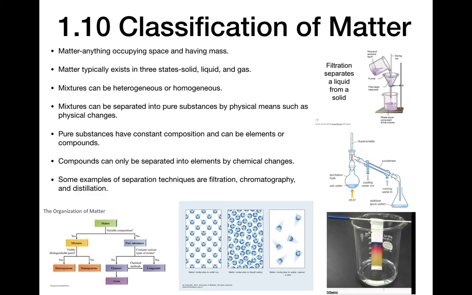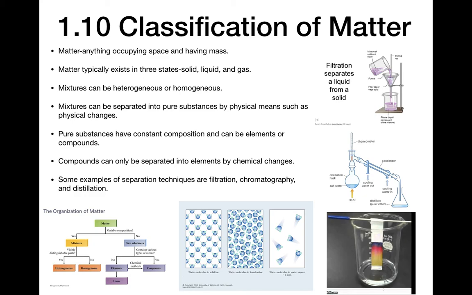And finally, we are wrapping things up here with the different ways that chemists classify matter. Of course, matter is anything that occupies space, in other words, has volume, and has mass. The typical three states that we find on Earth most of the time are solids, liquids, and gases. Below, bottom middle here, we have a diagram showing that in a solid, typically the particles are in some kind of pattern.